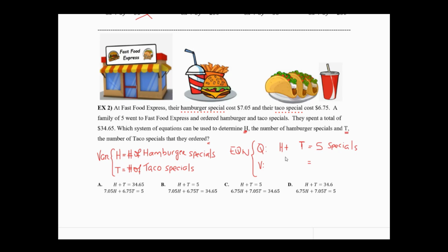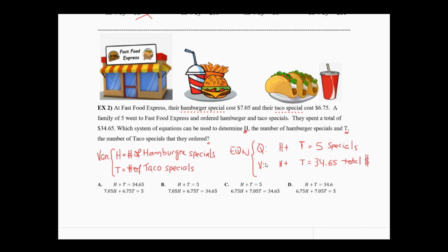Now remember, the next equation, we're looking for the value. And right there in the next sentence says they spent a total of $34.65. So right there, that tells us that's our value, $34.65. So that is our total money. And that makes sense with value. So now remember that the equation that means value, we want to have the variables, which is hamburger plus taco, but we want to add the value in front of each variable. So what is the value of a hamburger?